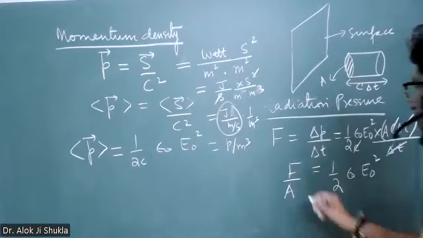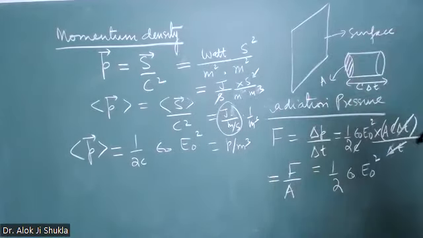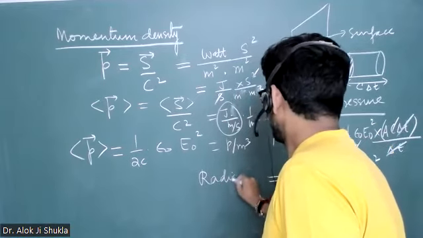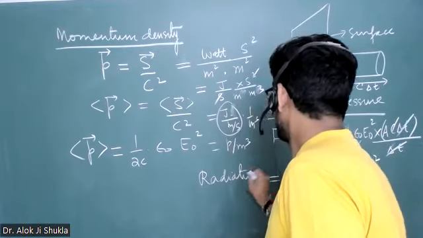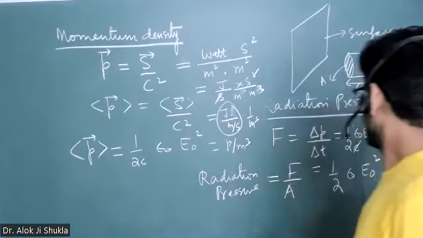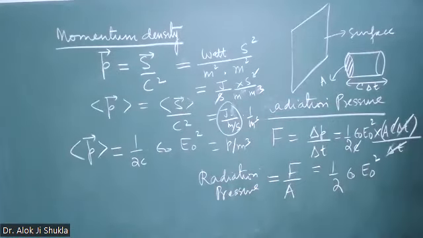So this is very important result. Please check this. This is called radiation pressure. क्या कहते हैं इसको? Radiation pressure. So radiation pressure is equal to 1 by 2 epsilon naught E naught square.